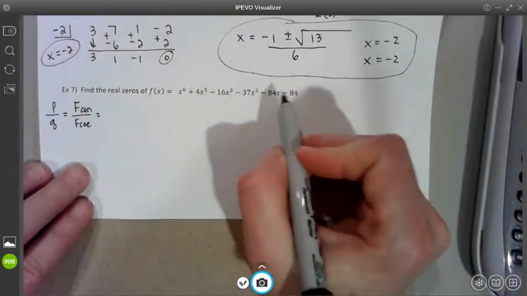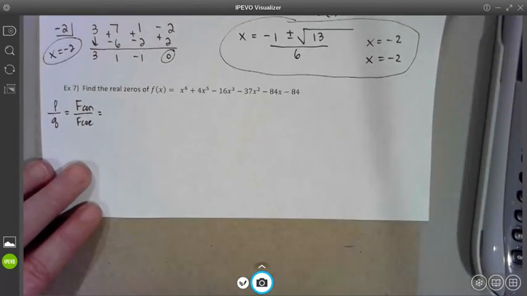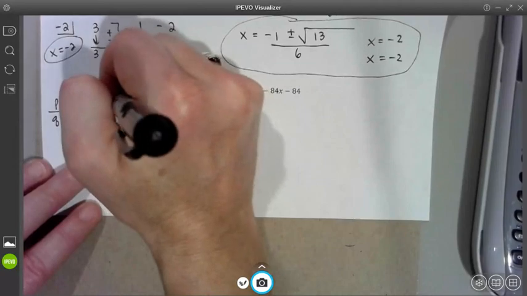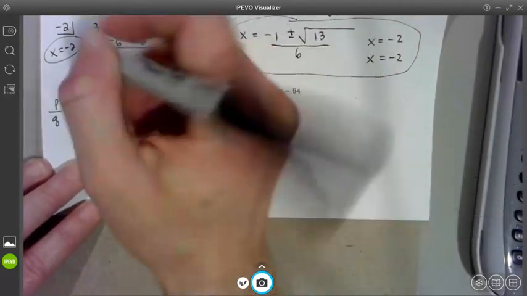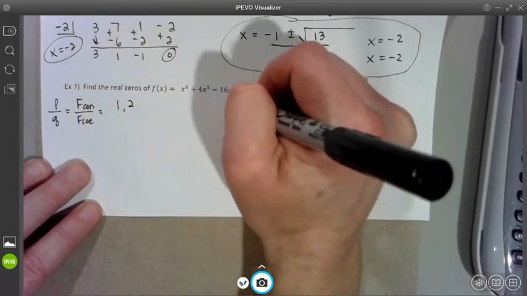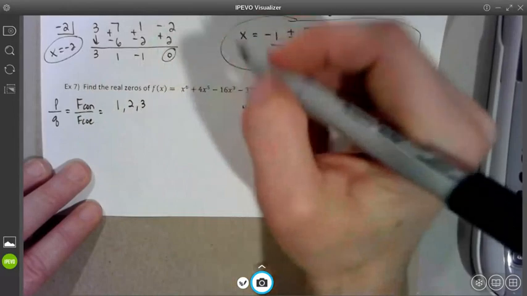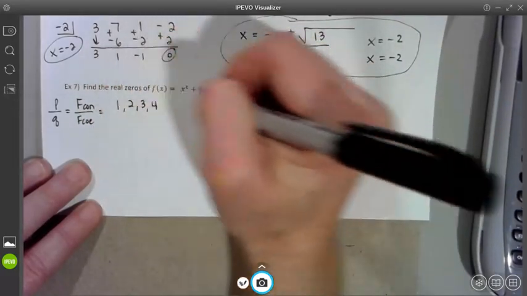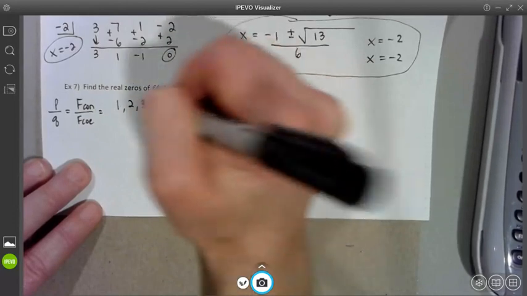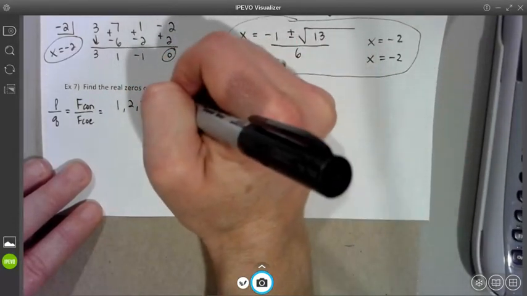So I need factors of 84, which is a laundry list, let me tell you. So we would have 1 and 84, 2 and 42. Sorry, don't mind me the way I write them, it's just my OCD. 3 and 28, 4 and 21. Then we would jump to 6 and 14, I believe.